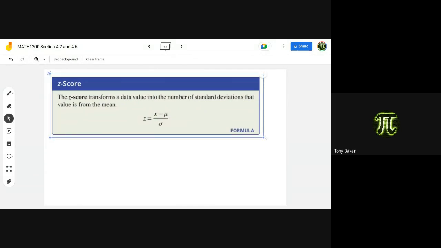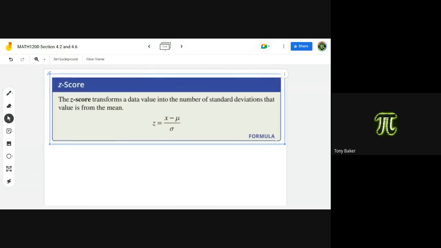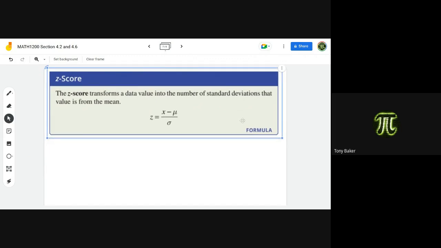Yeah, Z-score popped up in 4.3. Which I don't know, this is that Hawks thing that makes no sense. Because it shouldn't have been in 4.3, it should have been in 4.2. Because it literally goes to standard deviation and stuff. It doesn't go to anything else. Yeah, that was so confusing. This is why the more I look at the book, the more I'm just putting the stuff that makes sense together and not necessarily totally following the book. I haven't checked chapter 6 yet.